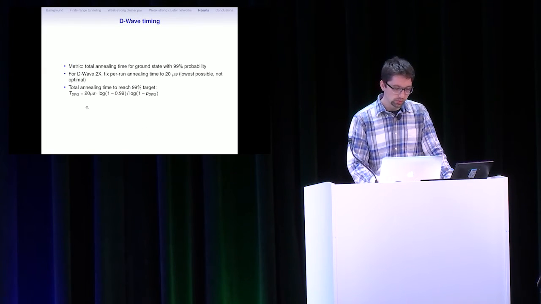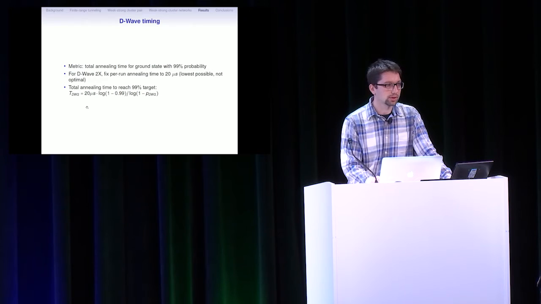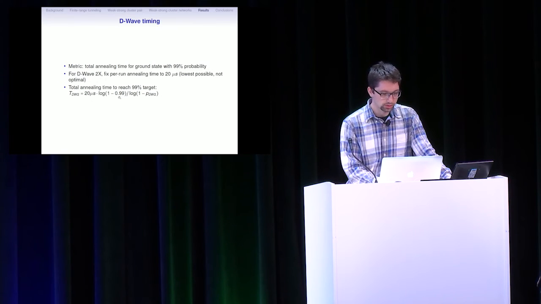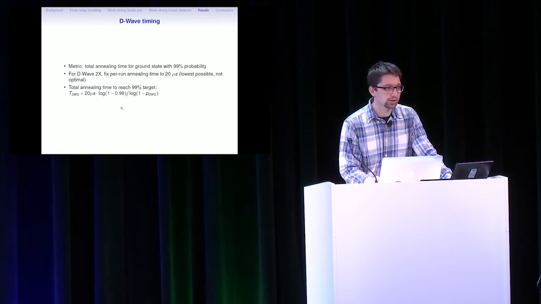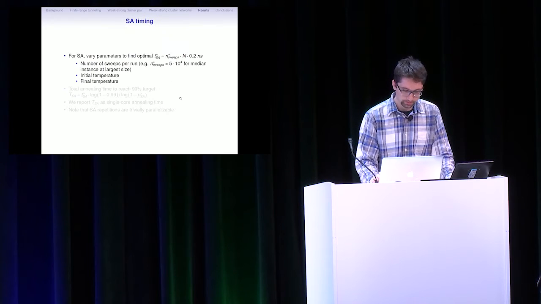And then we measure the total annealing time to reach the 99% target probability, which is according to this expression. So this is a 20 microsecond per run annealing time. This is the per run success probability of the D-Wave, and this log expression gives the number of repetitions that need to be done in order to achieve the target 99% success probability.